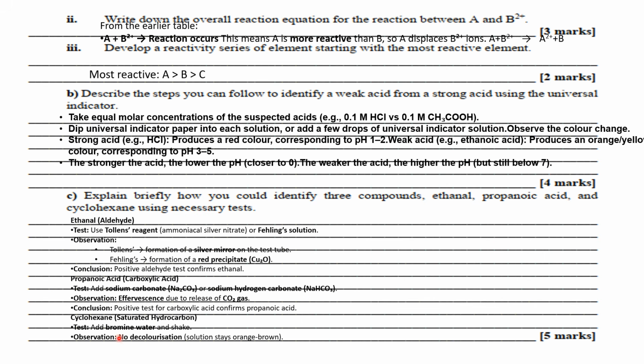But if there's no color change, it means that it's something else, which can be an alkane. So no decolorization means that it's an alkane without a double bond. If it is decolorized, then it's an alkene with a double bond.